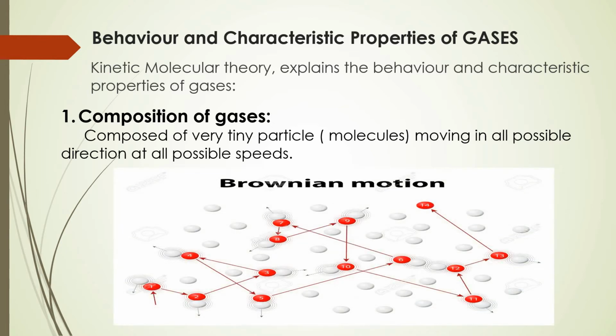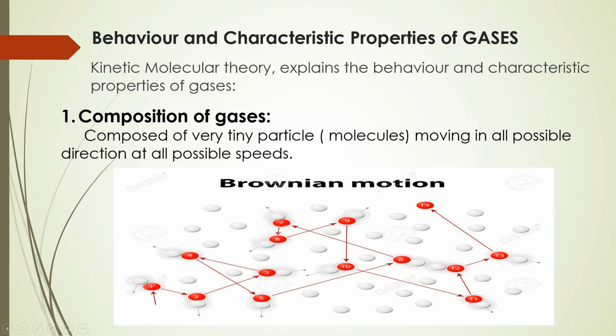So let us see this example over here. Here we can see different particles, and let us say these are molecules of gases. Now say suppose this is one molecule which we are looking at.